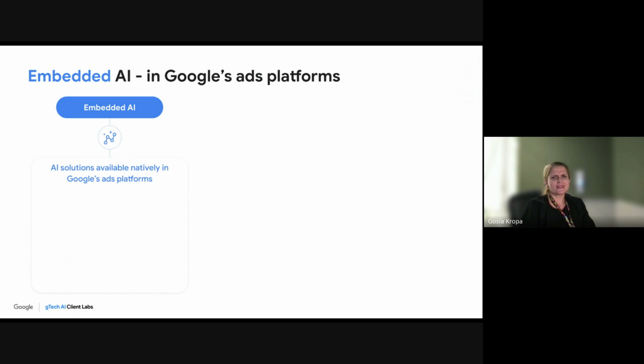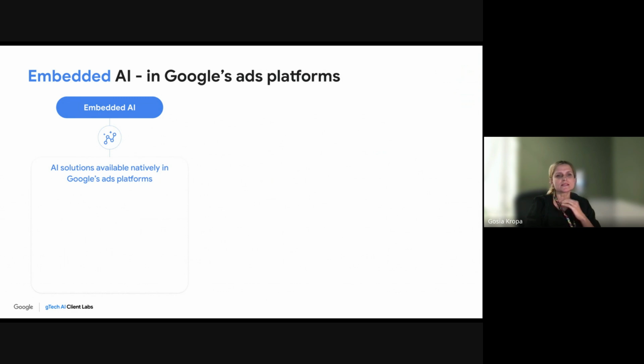So you're probably thinking, oh, that's just marketing, business as usual. Good to know I'm a pioneer, but what about the fancy text-to-image Gen AI innovation? Well, before we jump into this, we need to again go through that journey that Chris just mentioned before. So there are 3 stages. First stop is embedded AI.